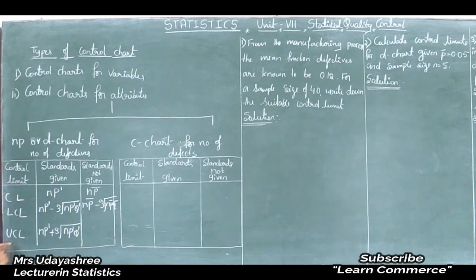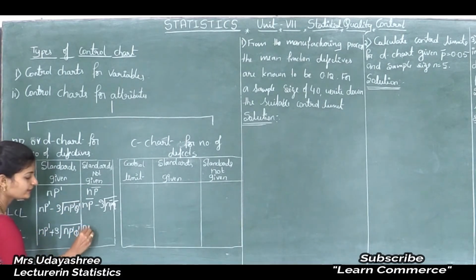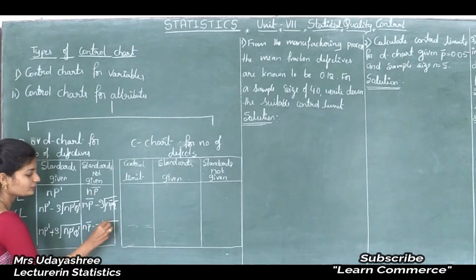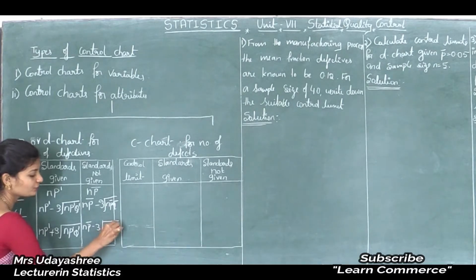Like that, to calculate upper control limit in standards not given case, the formula is n p bar plus 3 into square root of n p bar q bar.